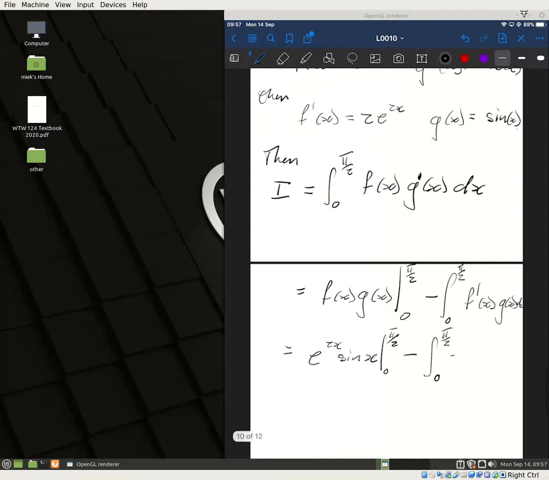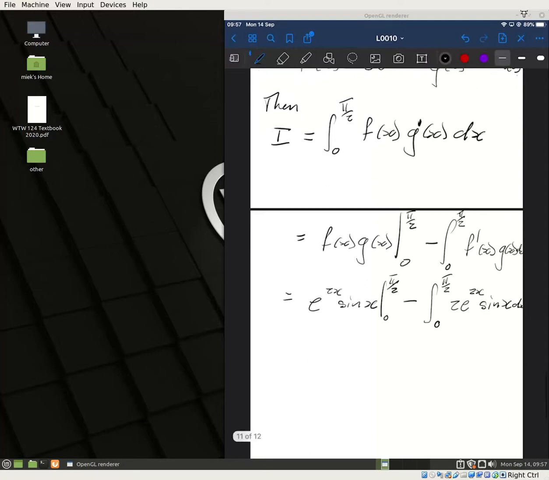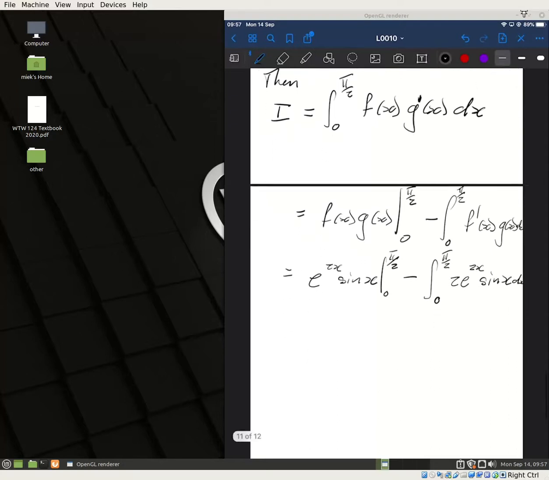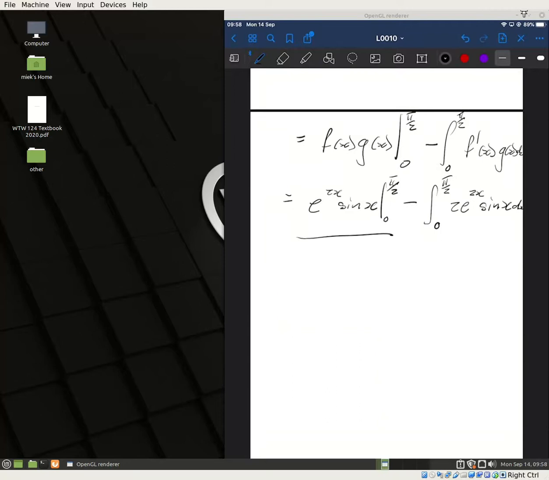The derivative of f is 2e to the 2x, multiplied with sine x dx. Okay, so that part is easy to evaluate. We are left with this part, and what we will do is we will apply integration by parts again to this part.